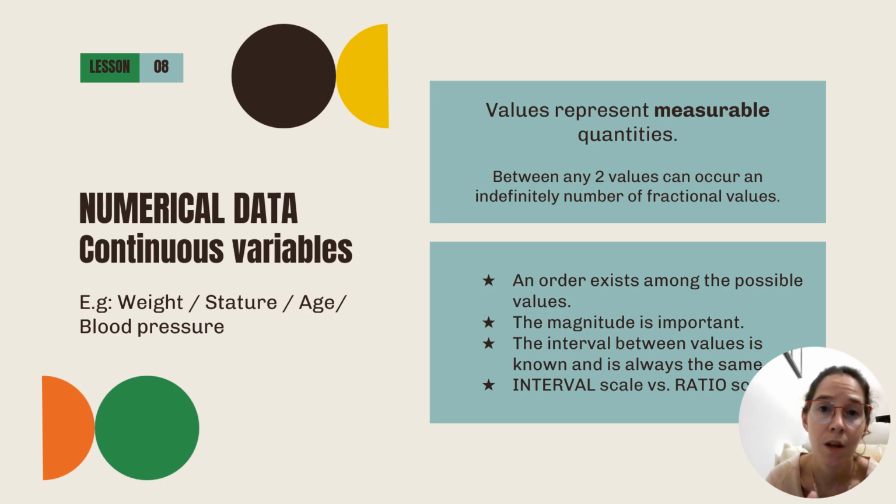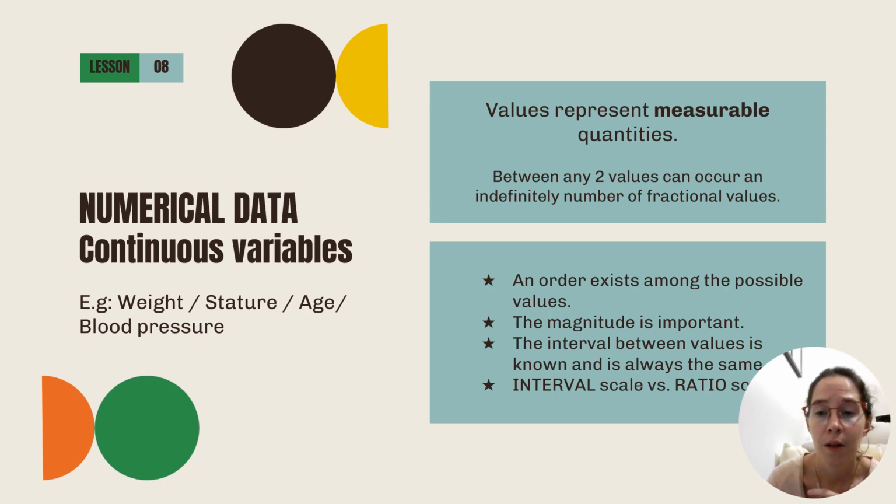The only difference is that in discrete variables, the values are whole numbers, and there is like a jump between one value and the other with nothing in between. But when you have continuous variables, you will always have infinite values between one and the following, and you can have fractions and decimals. So this is the main difference.